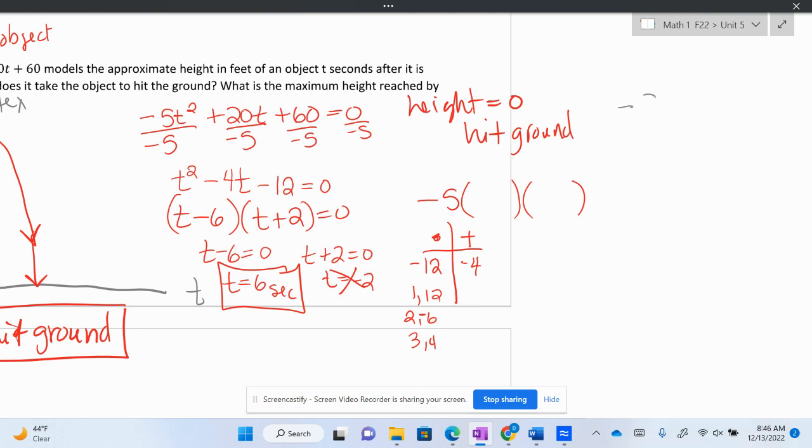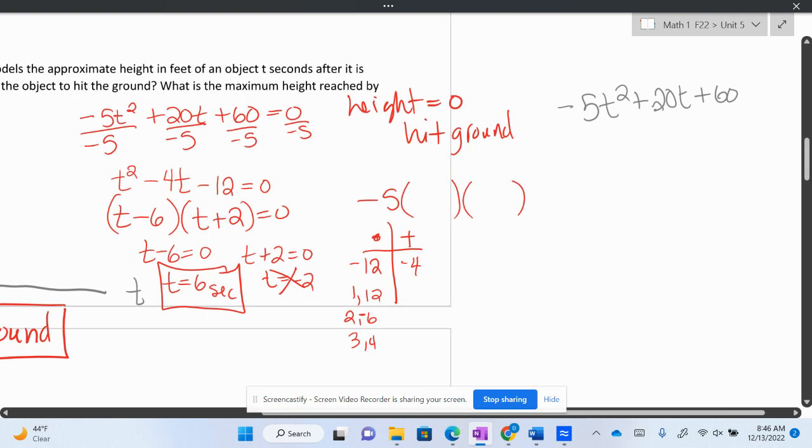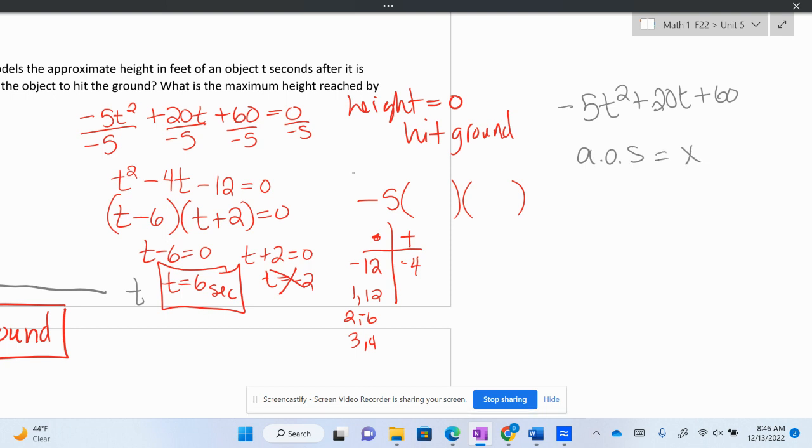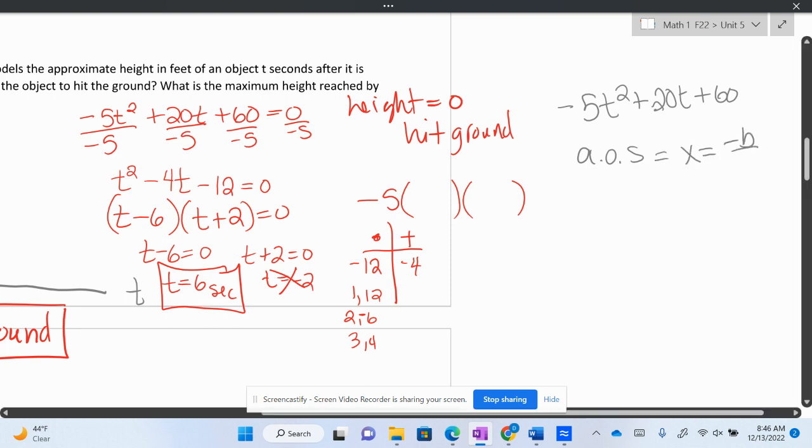I'm going to use the original equation, -5t squared plus 20t plus 60. I'm going to have to find the axis of symmetry first, which means x equals -b over 2a.